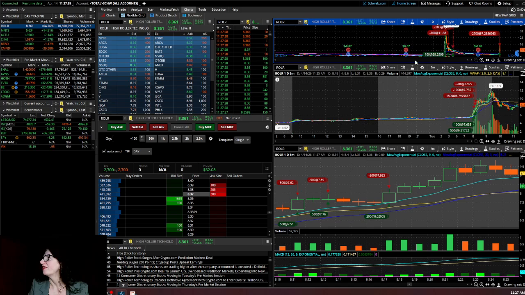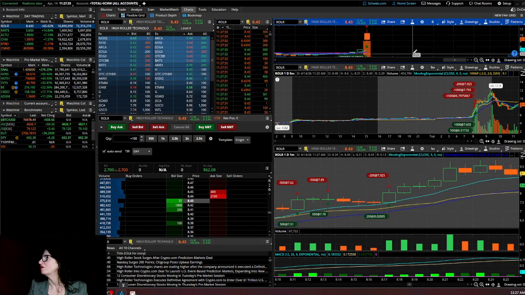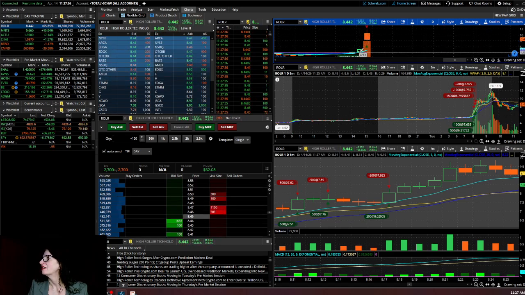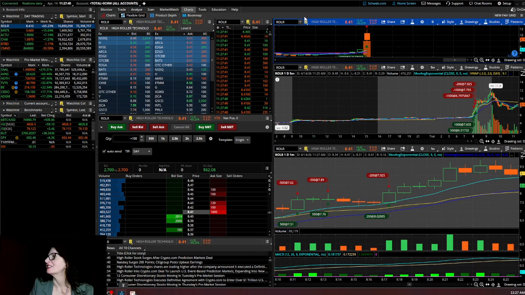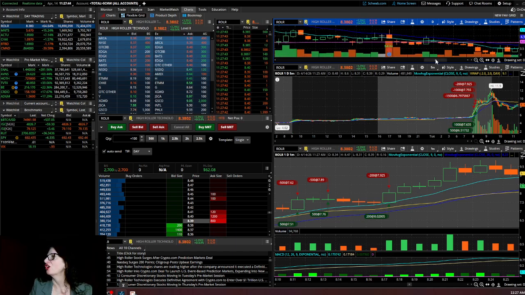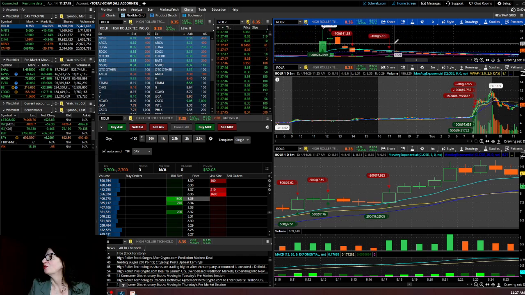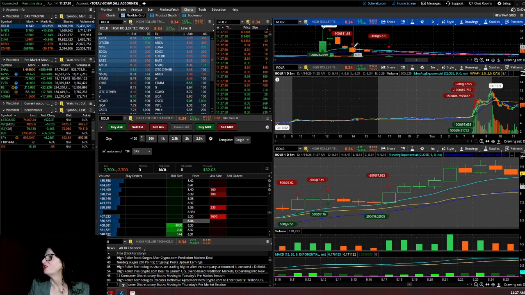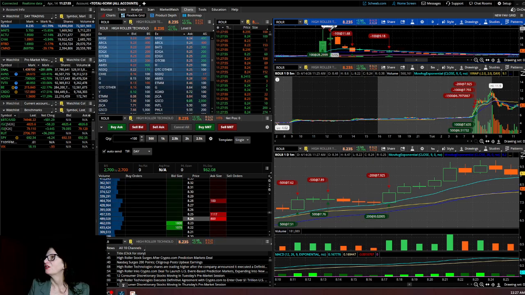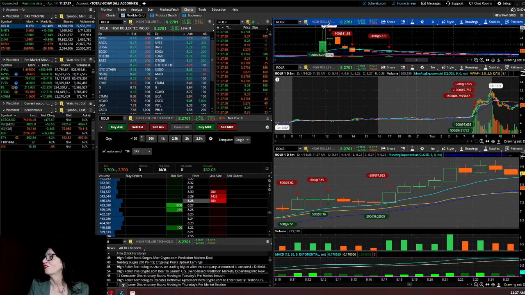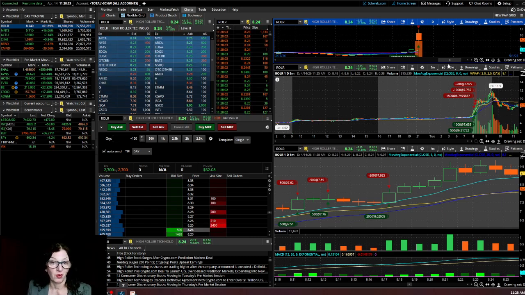Once I saw that it was above the 200 simple moving average, I realized, okay, it had broken that level of resistance. And when I looked back previously on the daily chart, I saw that there were windows going back to $9, $11. See, I traded it back in January. And you can see at one point it even went up to $30, $36. So I thought this stock might go up for the day.